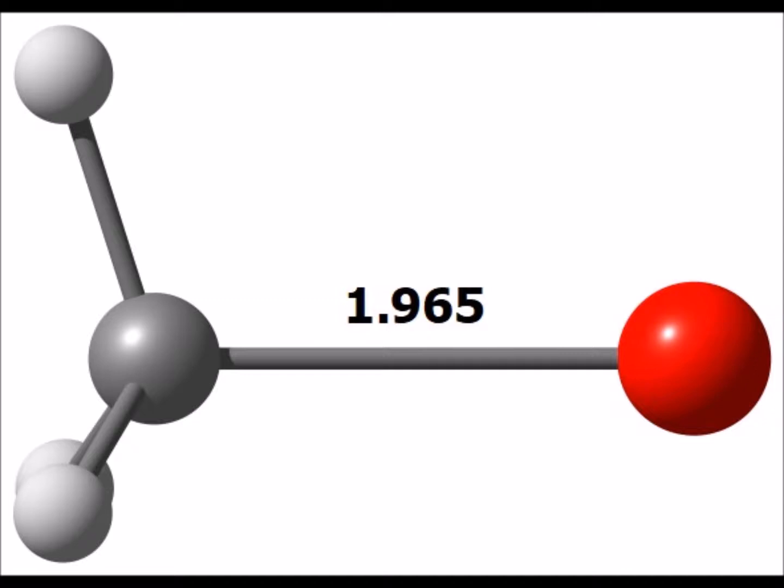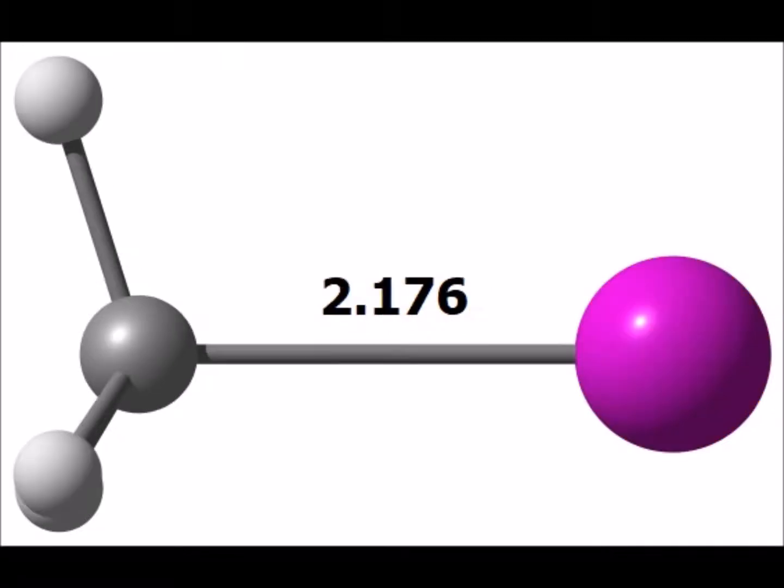Notice that the bond lengths are getting longer between carbon and a halogen as the halogens go down the periodic table from fluorine to chlorine to bromine, and we'll see in our next slide it continues with iodine as well. Here is iodomethane, which has the largest carbon-halogen bond of any of the halomethanes.